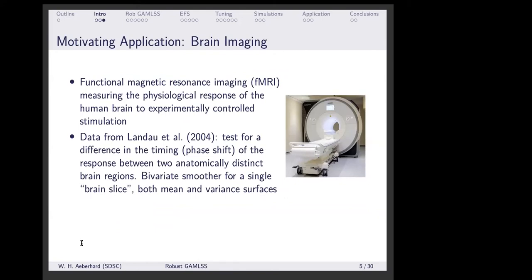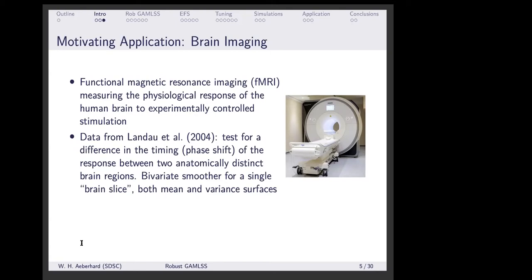Now a bit about this application that motivated us to dig into this. These are data from an early 2000 study. It was about having patients subject to some external stimuli and measuring the activity of their brain, essentially.